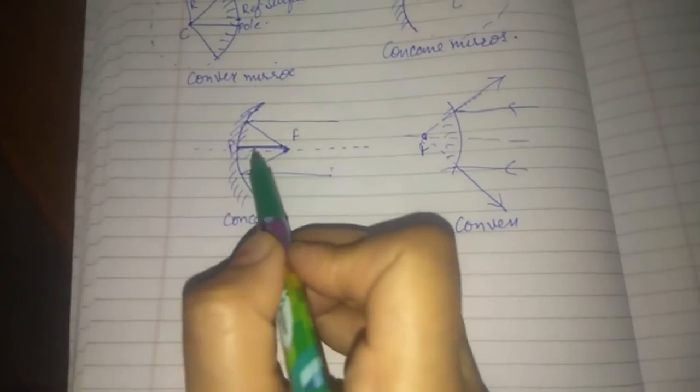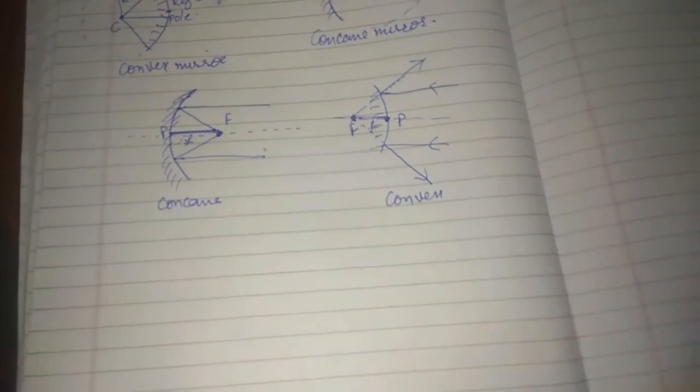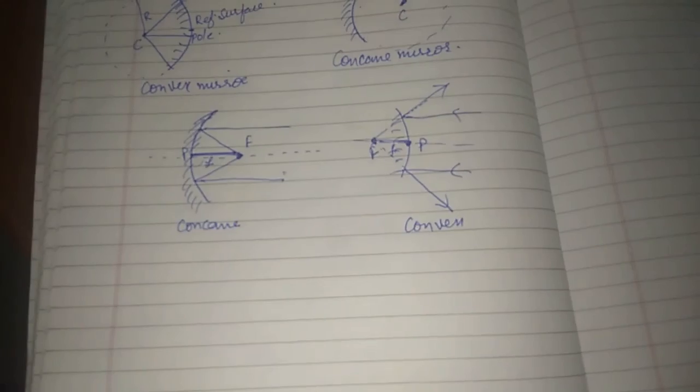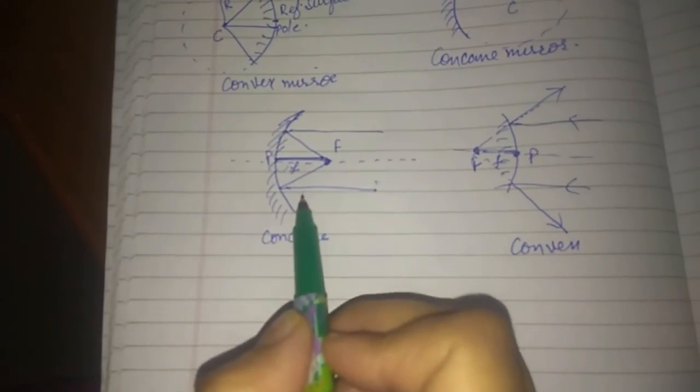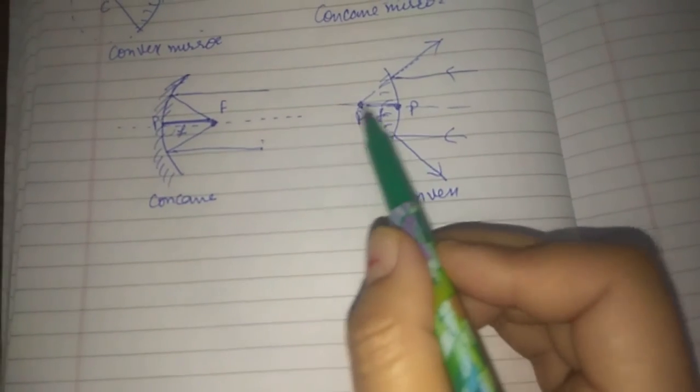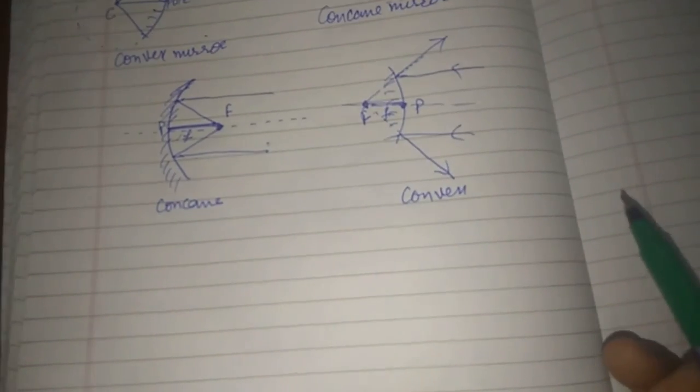Here you can see the focal length is this much distance, and similarly here the focal length is PF. The focus is lying in front of the mirror in case of a concave mirror, and behind the mirror in case of a convex mirror.